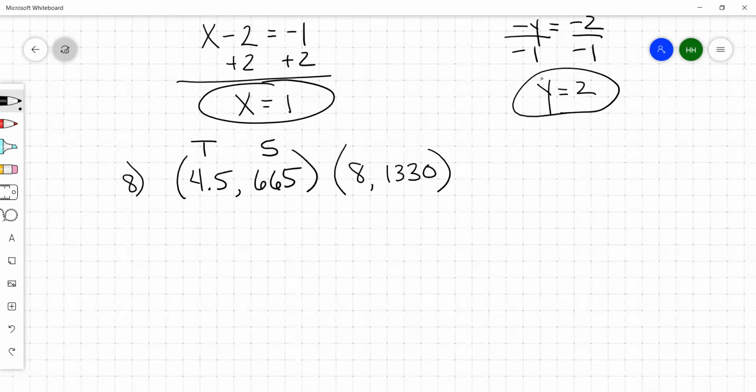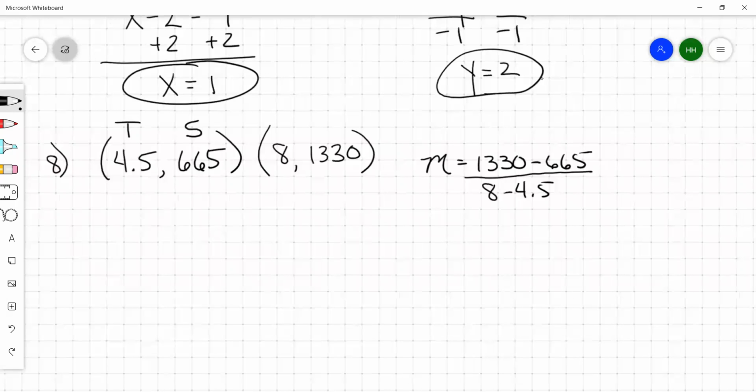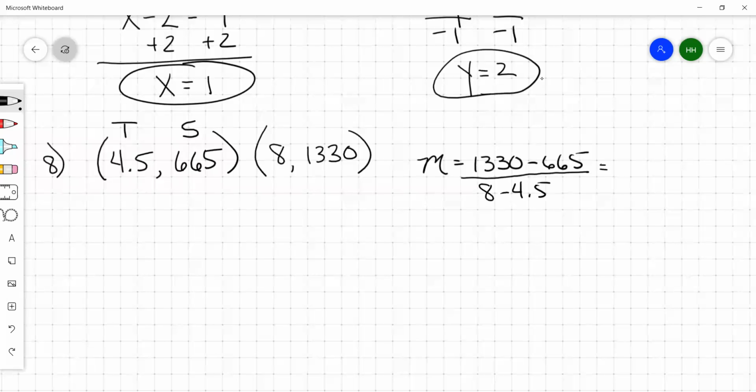So we're going to find the slope like we did earlier. Slope equals 1330 minus 665 over 8 minus 4.5. That is 665 over 3.5, and 665 divided by 3.5 is 190.